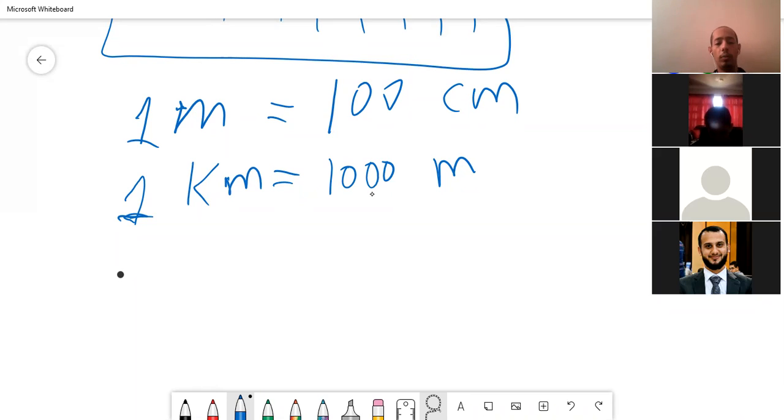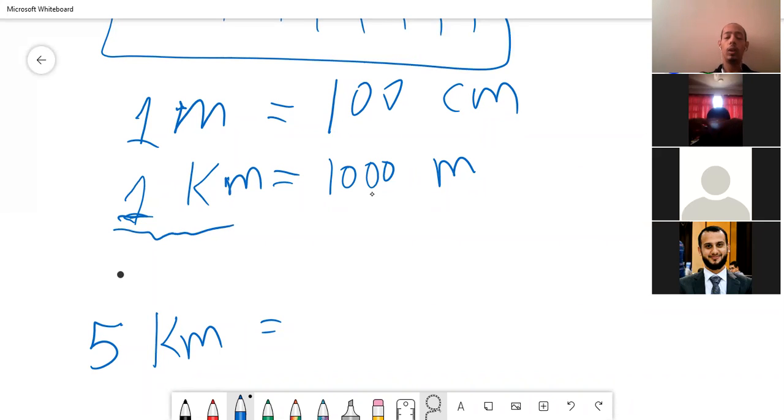So, for example, if you have 5 kilometers, Rumaisa, can you tell me how many meters? We should divide. Why divide? In 1 kilometer, we have 1,000 meters.